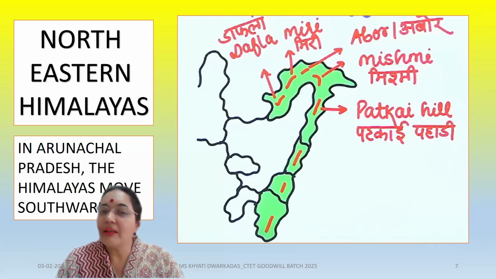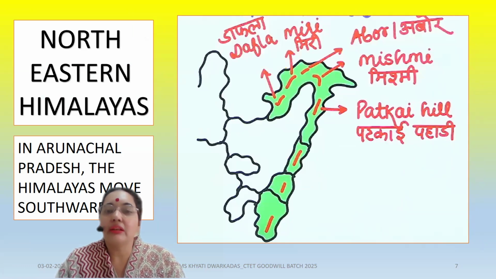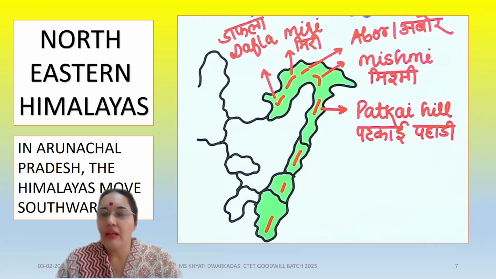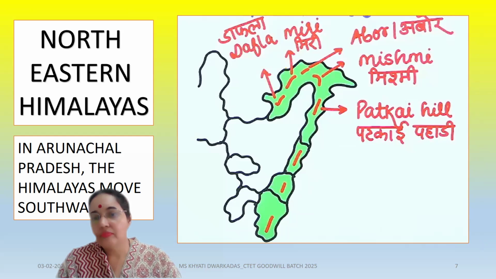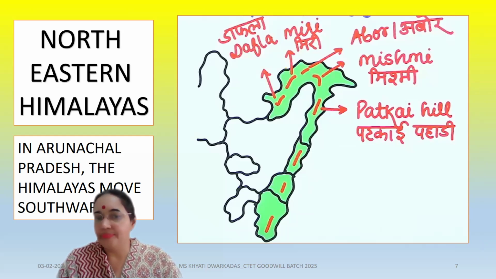As these Himalayas move southwards in Arunachal Pradesh and the northeastern states, we have many hills there. Some of the most important hills here include Dafla, Miri, Abor, Mishmi, Patkai Bum. Patkai Hill is also called Patkai Bum, B-U-M.